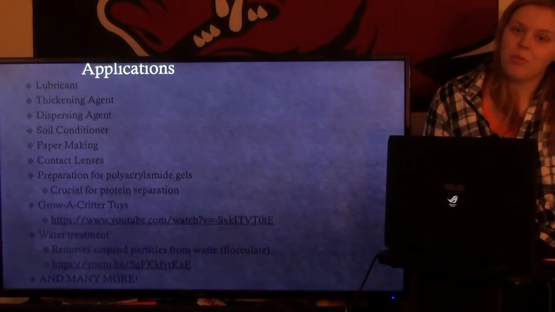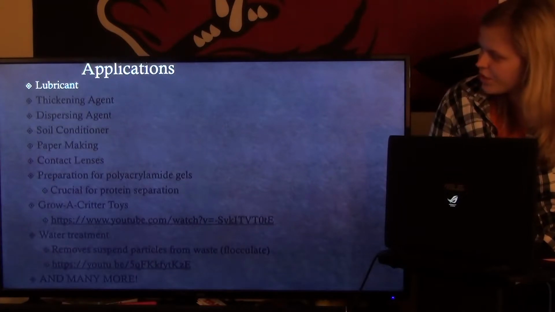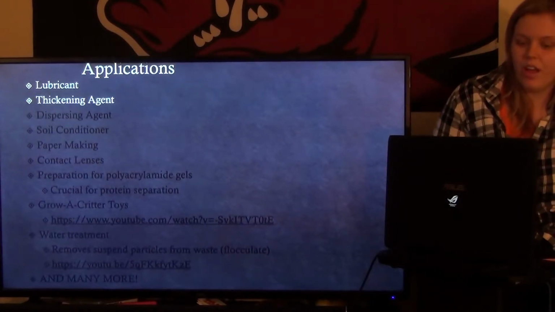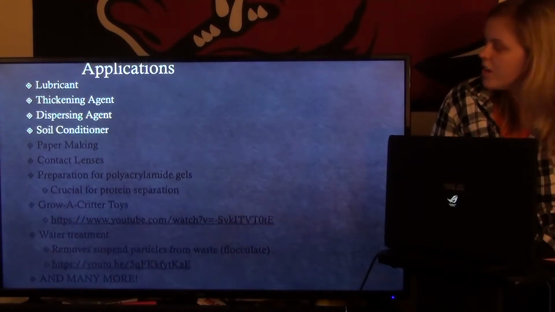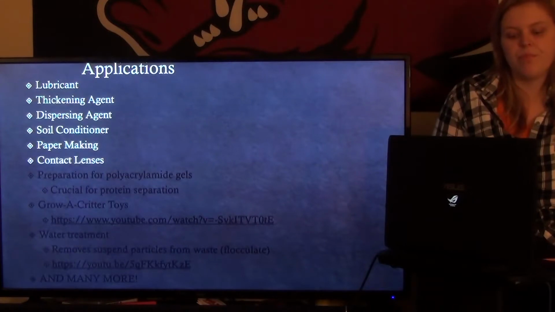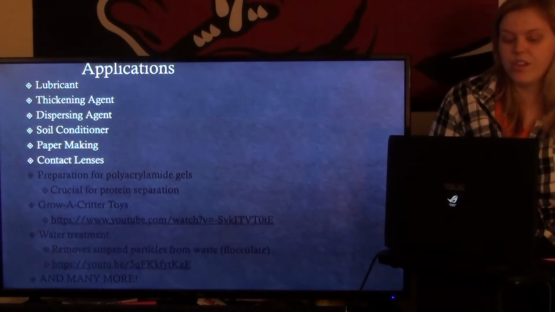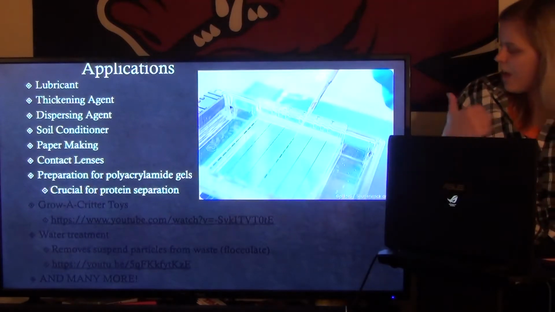Now we're going to get into the applications. There are so many applications to this, it's unreal. It can be a lubricant, a thickening agent, dispersing agent, a soil conditioner, used in papermaking, contact lenses, and preparation of the polyacrylamide gels that everyone has seen.